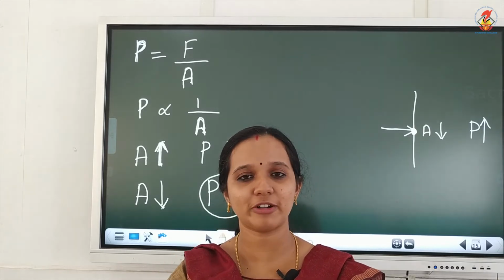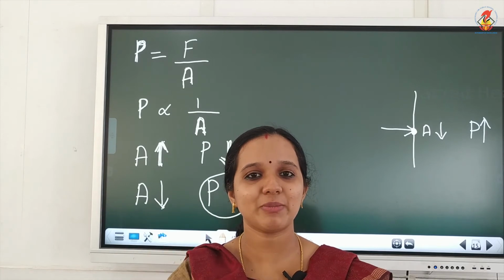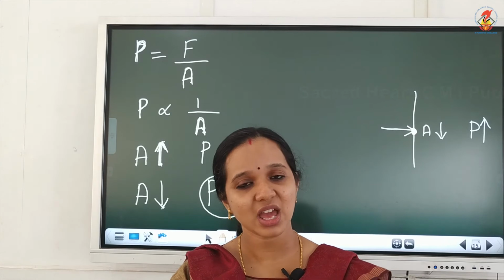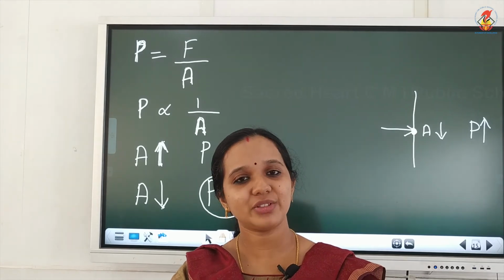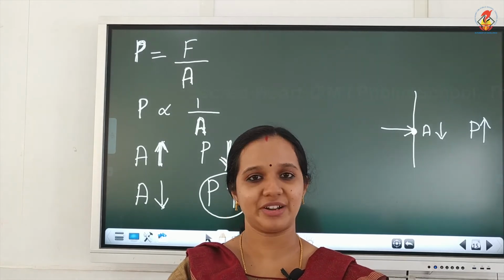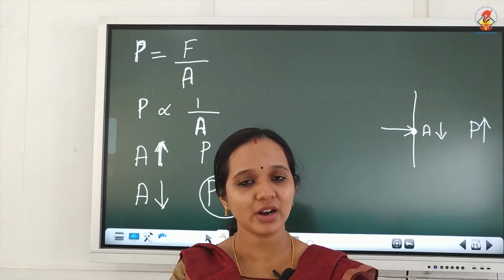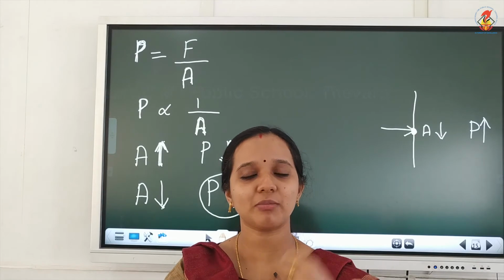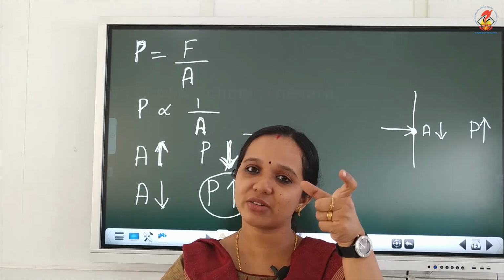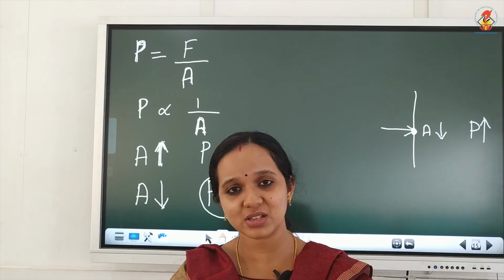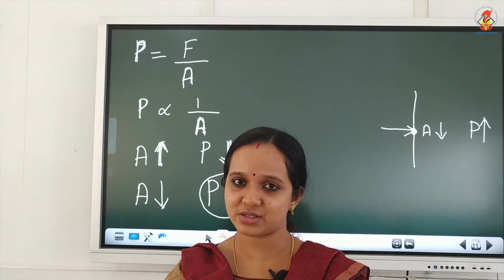Again, area of contact is more, which will minimize the pressure. So, it will be able to manage the heavy load which is there on it. So, these are certain application questions based on pressure. The point to be remembered is, when area increases, pressure decreases, and when area decreases, pressure increases.